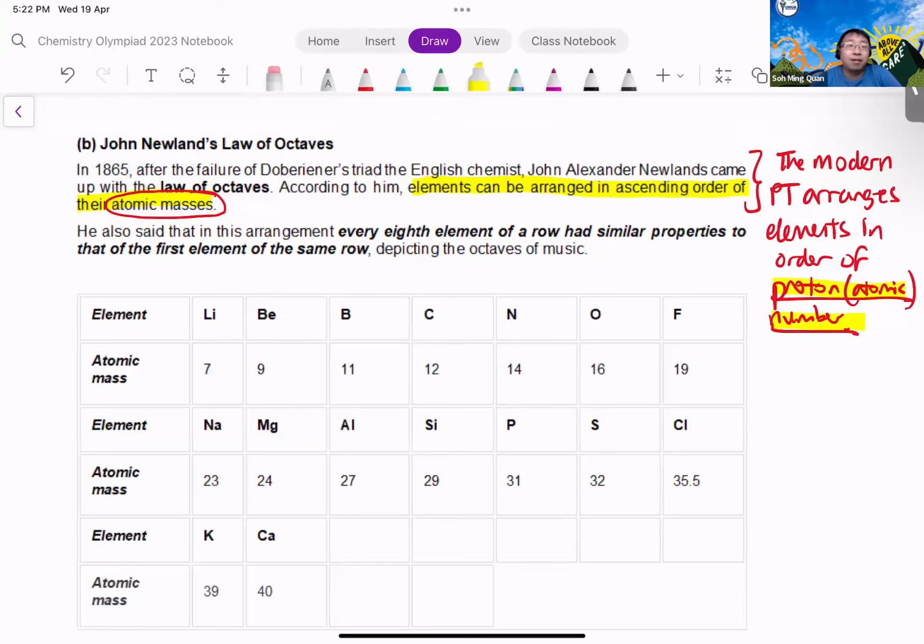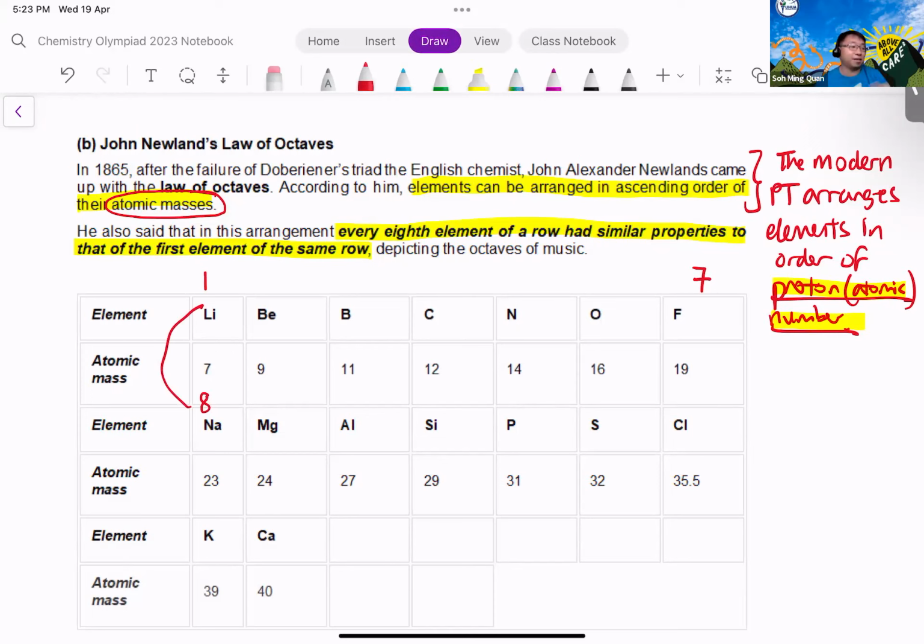However, if you look at what John Newlands did, he arranged them according to mass, and he realized every eighth element of the row had similar properties to that of the first element. That means, if you were to arrange elements in rows, number 1 to number 7, the eighth element will be similar to the first.